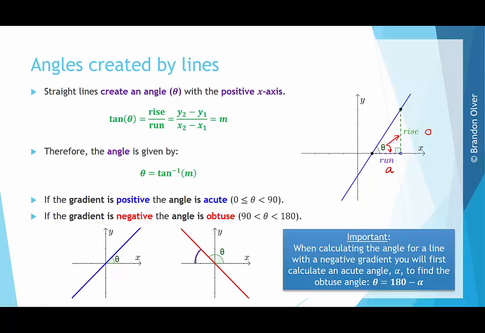The acute angle that you find will be this angle here, and we might label that alpha. And if you want to find the theta angle, the angle created with the positive x-axis, you need to subtract the value of alpha, or this acute angle here, away from 180 degrees, because we know that a straight line has 180 degrees in it.